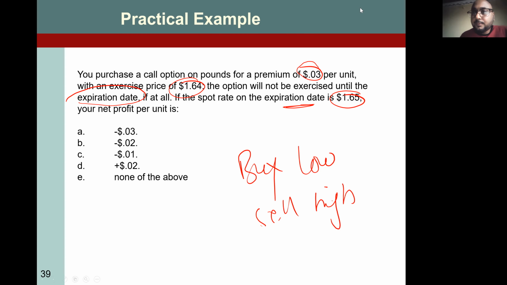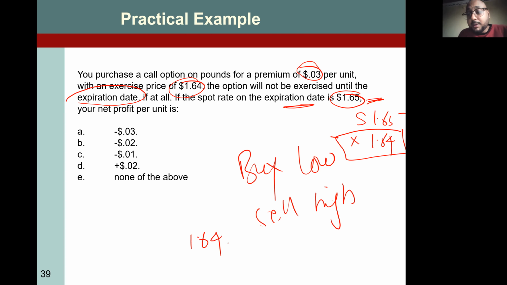Kim and Tiffany said B. Let's see. When you exercise it, this is a call option, the right to buy, you will buy. Will you exercise it or not? First of all, spot price is 1.65, exercise price is 1.64. You will exercise it, you will buy from the call option at 1.64.